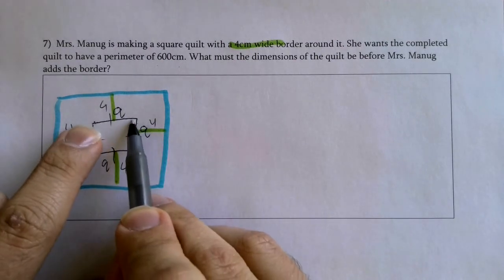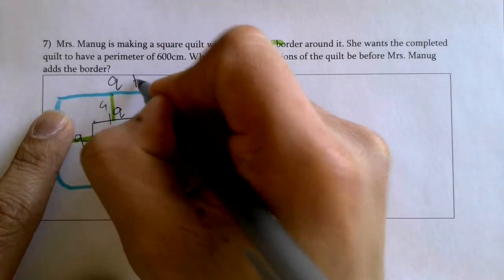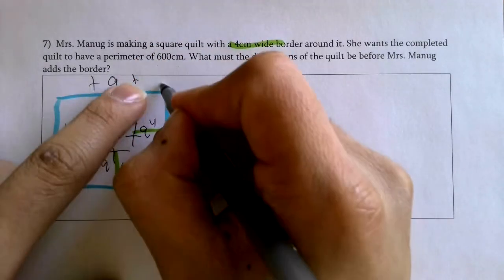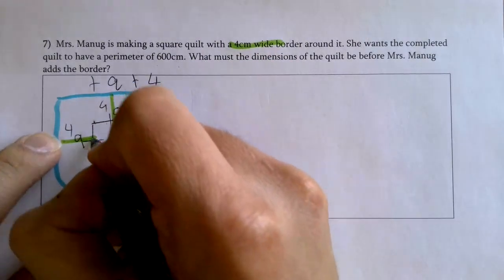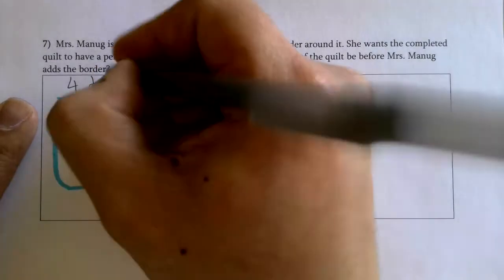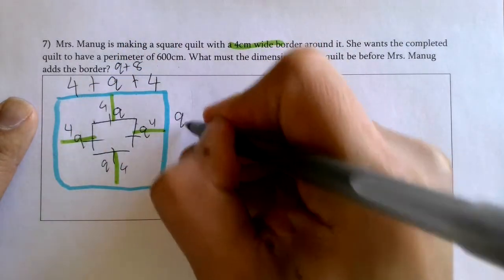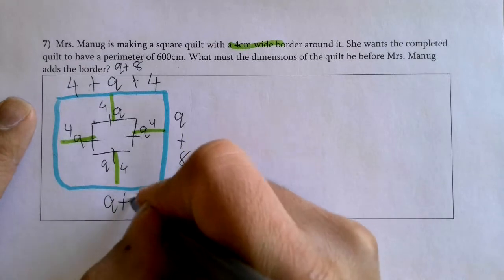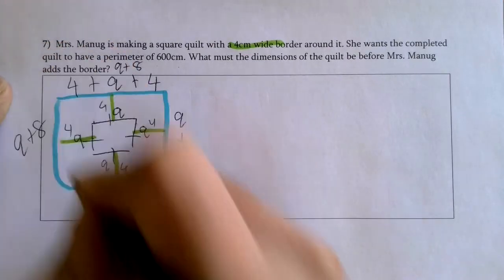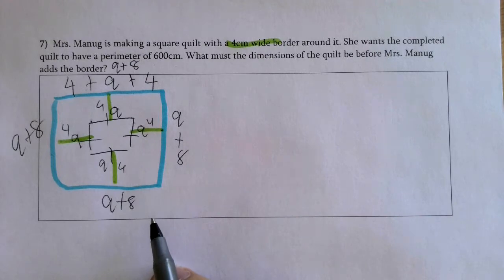If this is Q, then if you move up, part of this is Q, isn't it? If this is 4, this one is 4. If this is 4, this one is 4. So technically this length is actually Q plus 8. So do you agree with me that this is also Q plus 8? Q plus 8 and Q plus 8. That's my new length, okay?